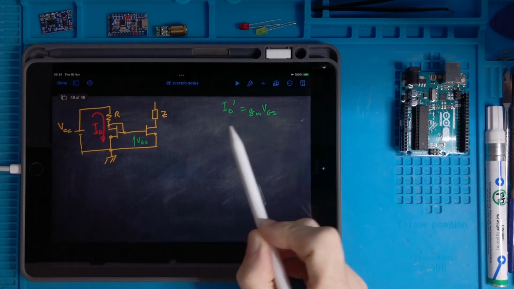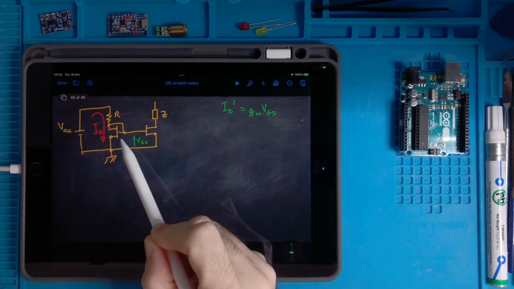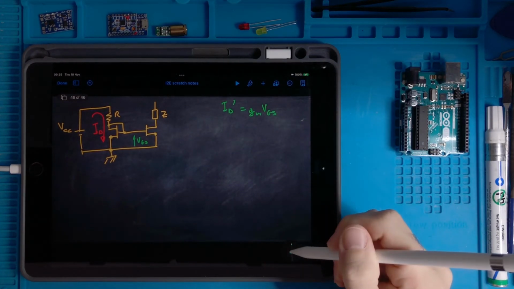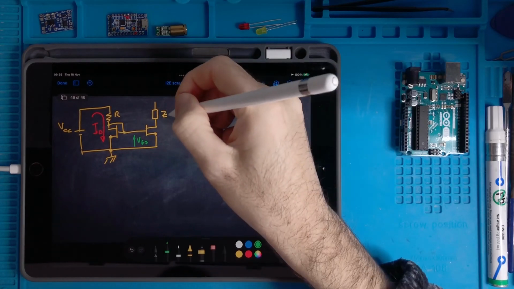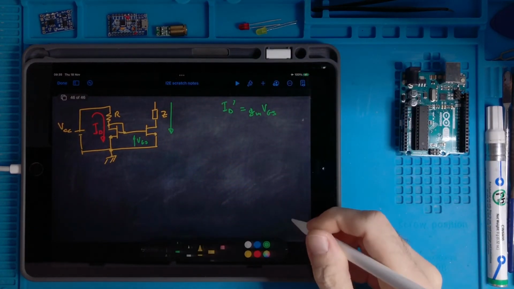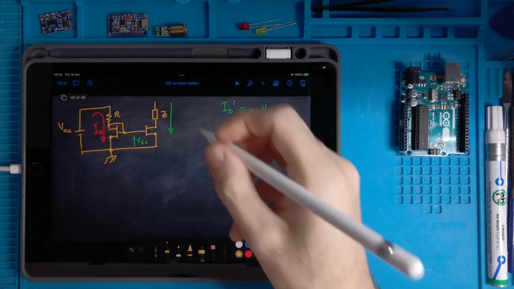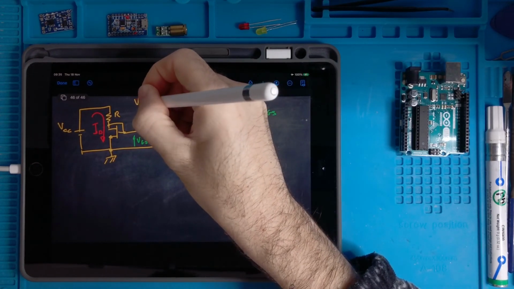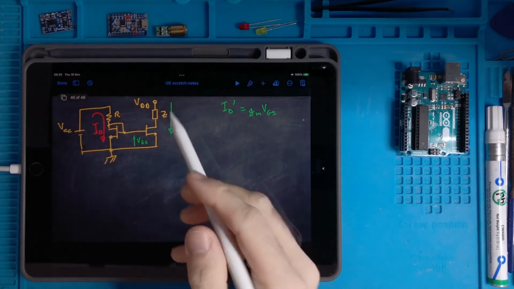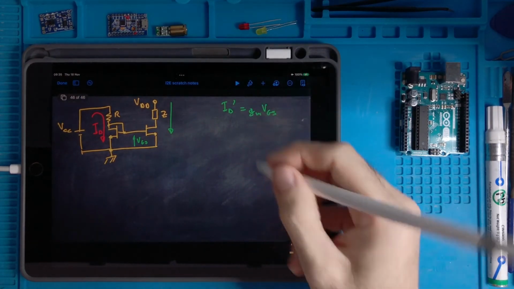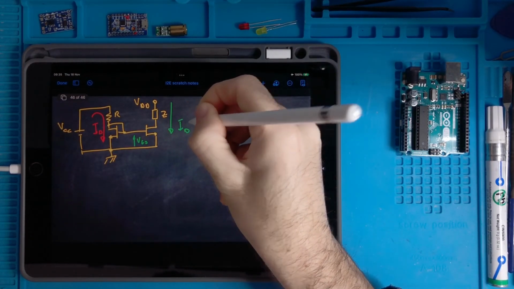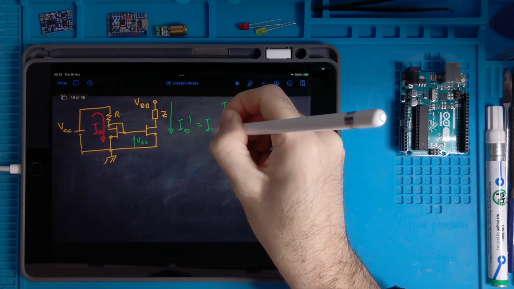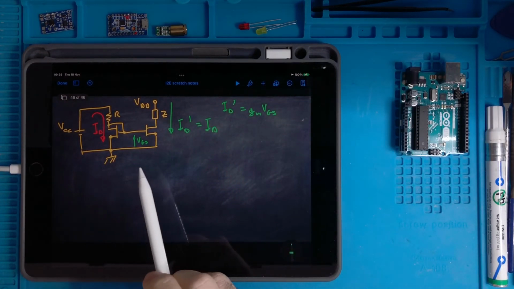So this transistor is stealing the VGS from this other one. It means that this current ID prime will flow in this branch here. So let's consider that there is another voltage source here, VDD, attached to this node. So this current ID prime equals the current ID. Why?